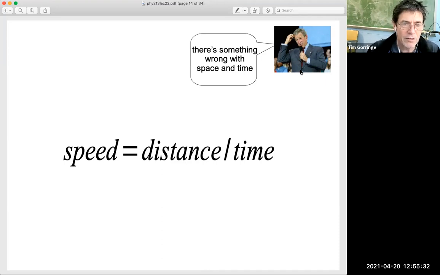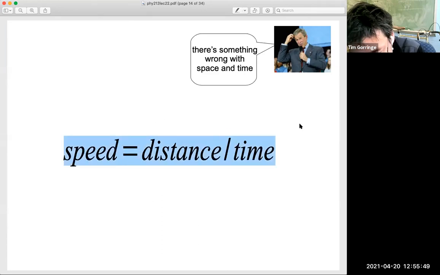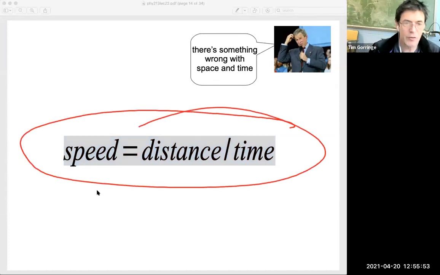One of the puzzling things about the constancy, the absoluteness of the speed of light, is the following. How can the speed of light be constant? The speed of light, like any speed, you could measure by measuring the distance traveled by the light and dividing it by the time that the light took to make that journey.